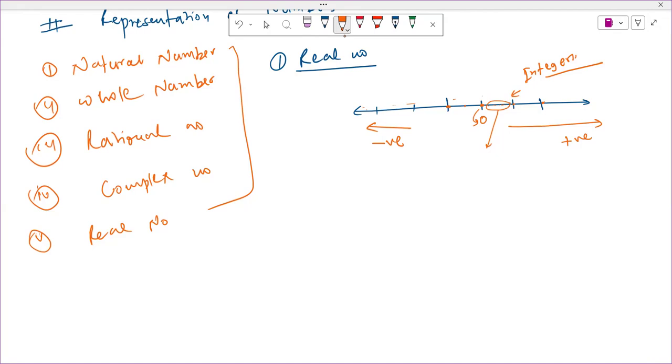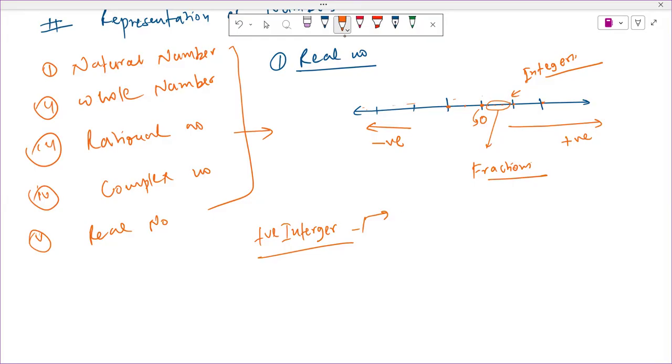These are called fractions. Now if we have the set of both fractions and integers, then that is called your rational number.